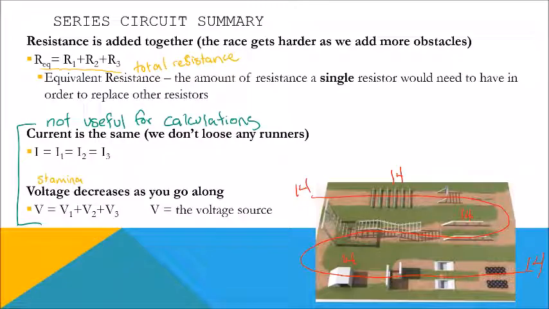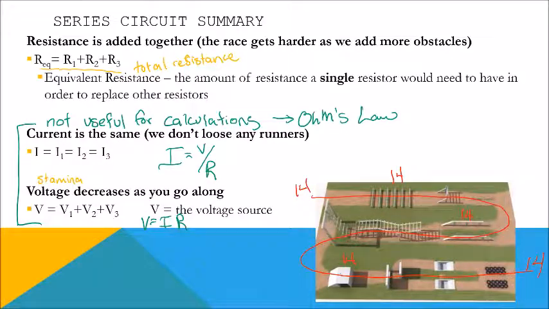We'll have to use Ohm's law instead. So when we're solving for current, Ohm's law looks like voltage divided by resistance. And when we're solving for voltage, that looks like current times resistance. This equation is also useful for checking our other calculations.